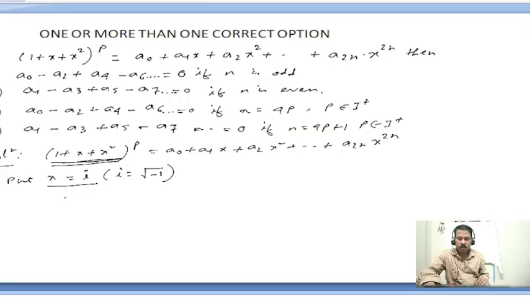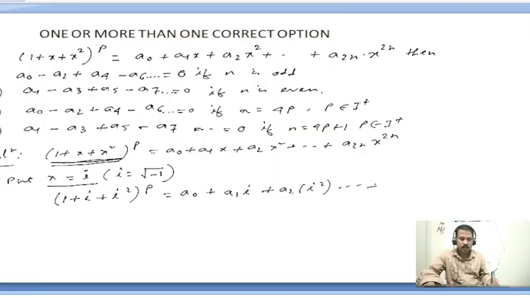Now (1 plus iota square) whole to the power p, that is equals to a0 plus a1 iota plus a2 iota square and so on to a2n iota whole to the power 2n.